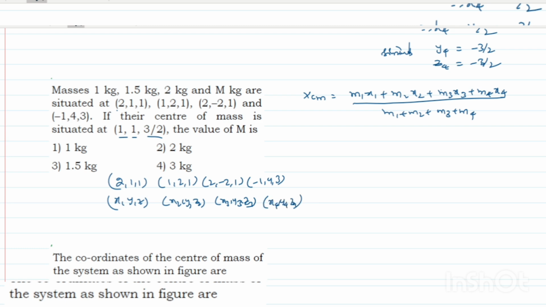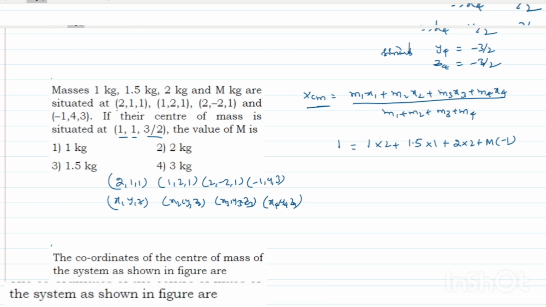Let us take that these coordinates are also given. If their center of mass is at 1, 1, 3 by 2, the center of mass is already given as located at 1. Now we calculate the final mass value. M1 will be 1 kg, so it is 1 into 2, plus 1.5 into 1, plus 2 into 2, plus m into minus 1.